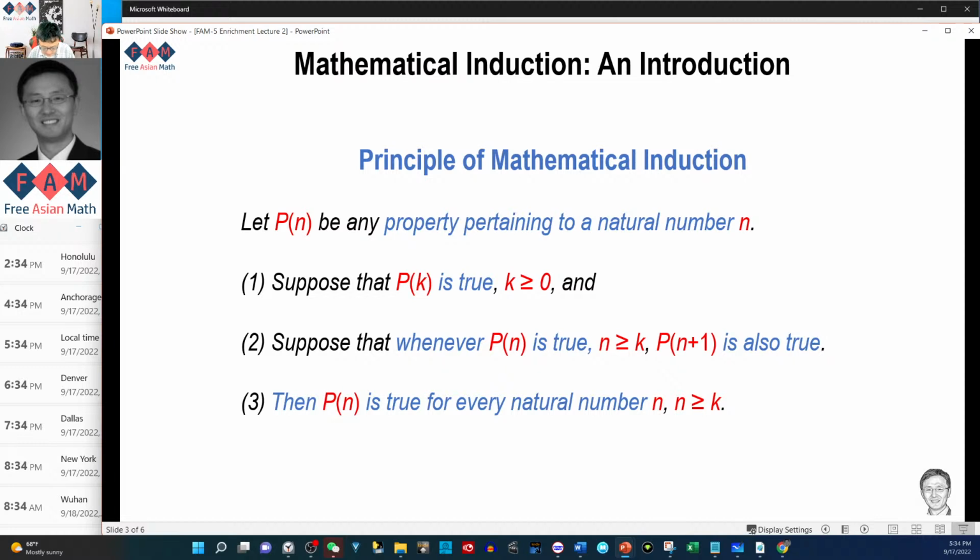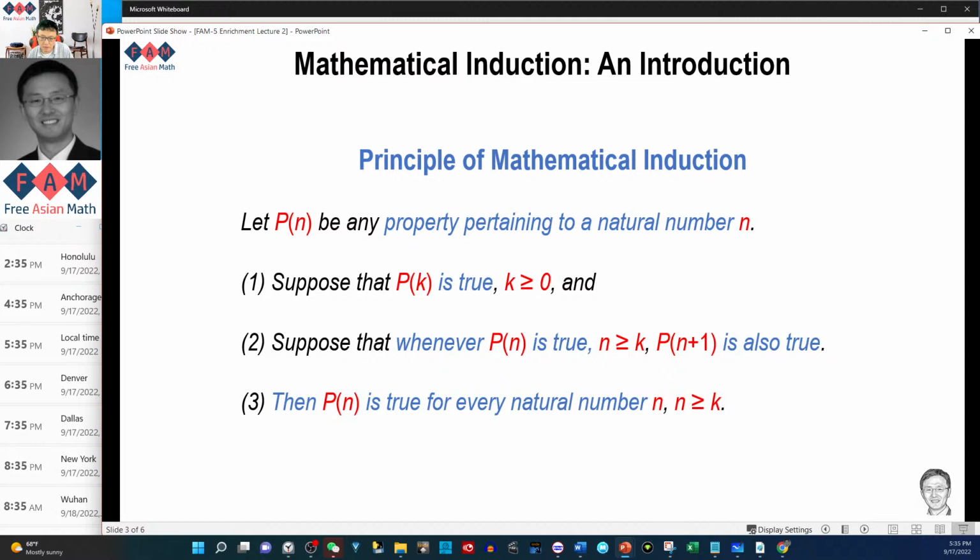In other words, this whole process is assumed to be true without any proof. Whenever we can find a pattern that can be attached to this argument, then we will be able to argue that this property is generally true for all the natural numbers.